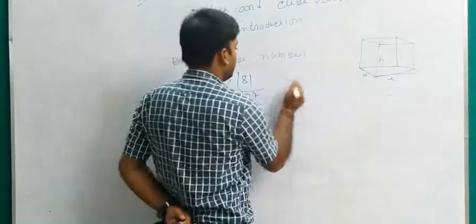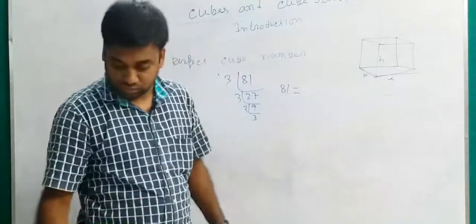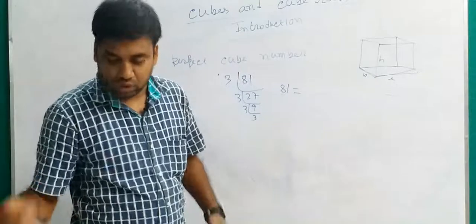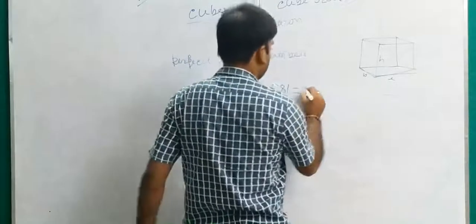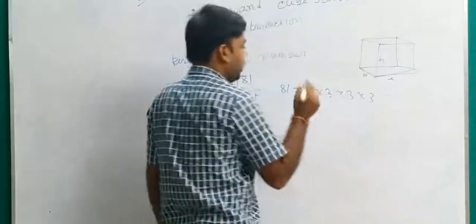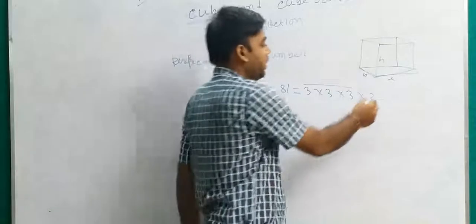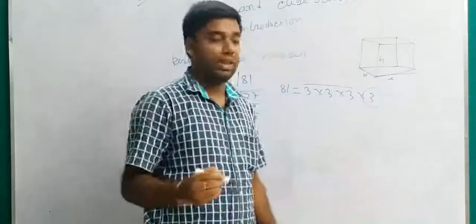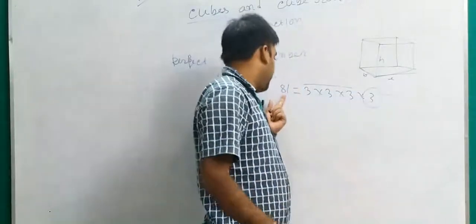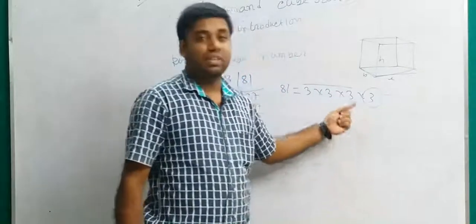So 81 equals 3 into 3 into 3 into 3. You can take a bar over three 3's, but one 3 is extra there.